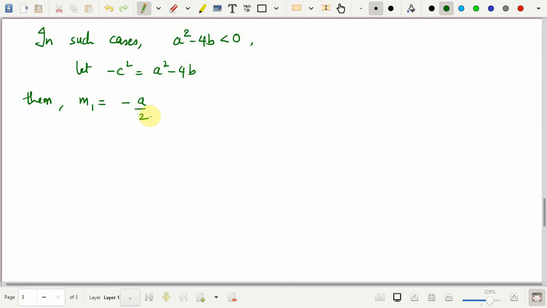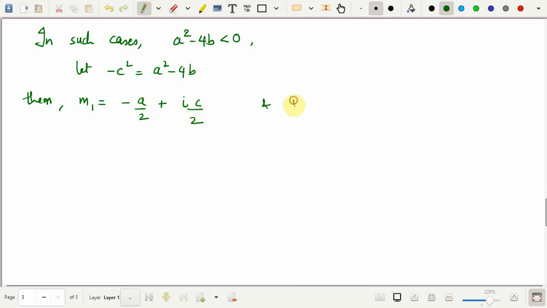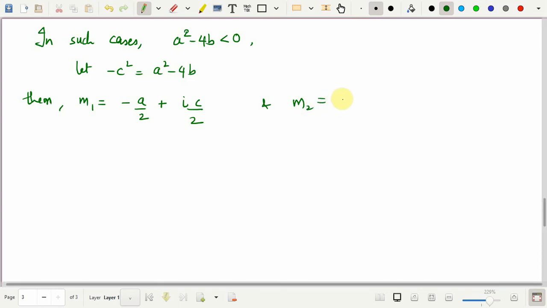So root of minus 1 is iota or i, and m1 is separated by plus, so i into c by 2. So this is the real part and this is the imaginary part, c by 2, and m2 is minus a by 2 minus i into c by 2.